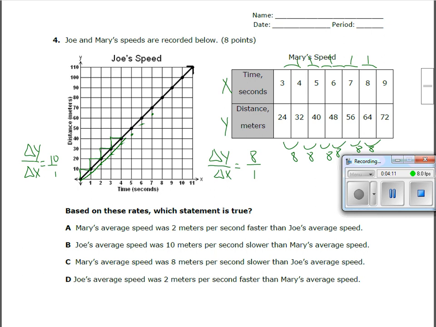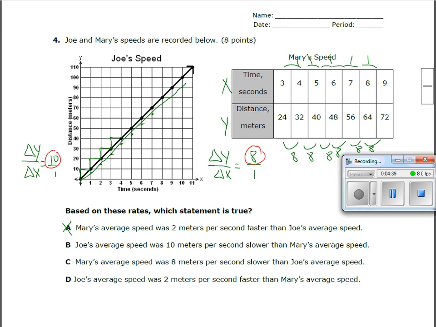than Joe. And because of that, it says Mary's average speed was 2 meters per second faster. Well, Mary is not faster than Joe, because after 1 second, she's only gone 8. Well, Joe's gone 10, so he's definitely moving faster.